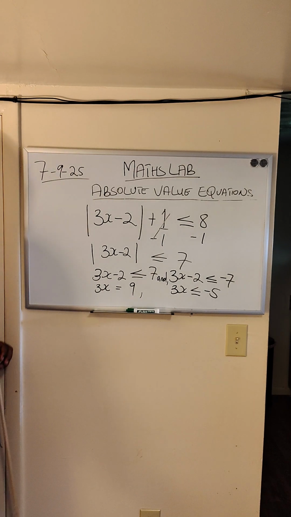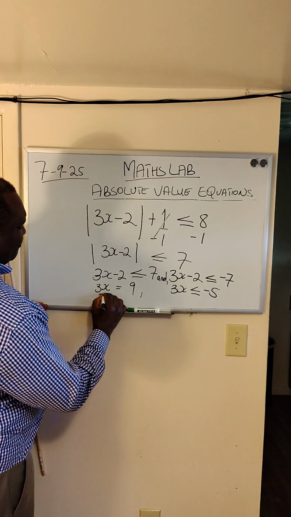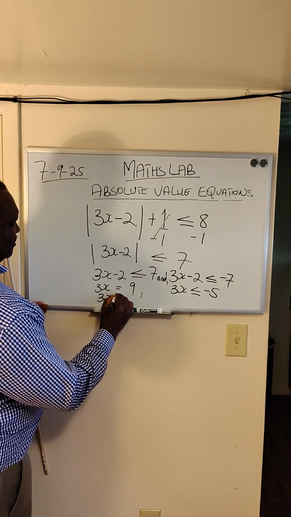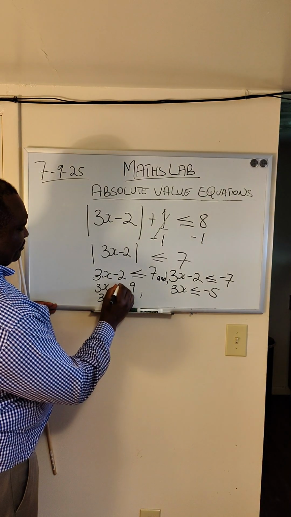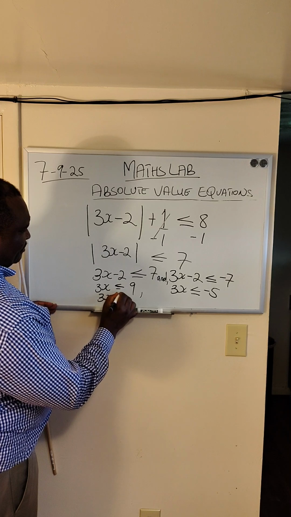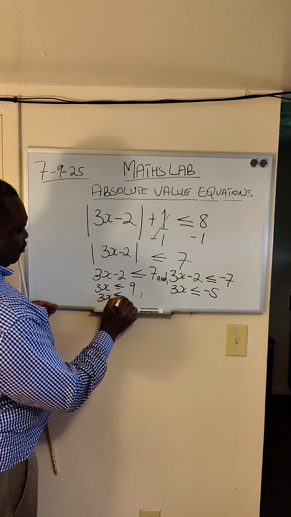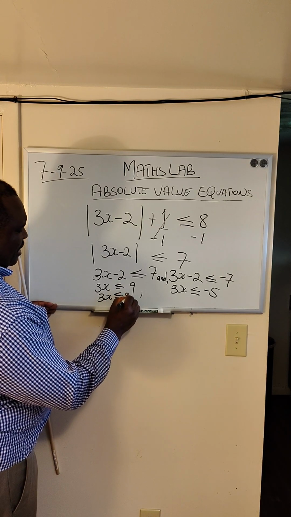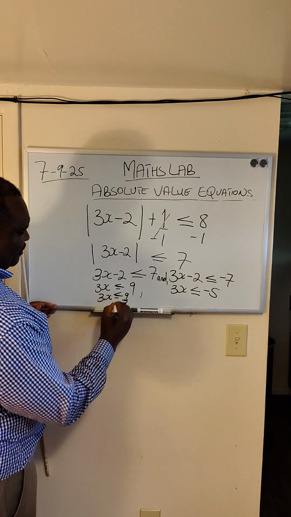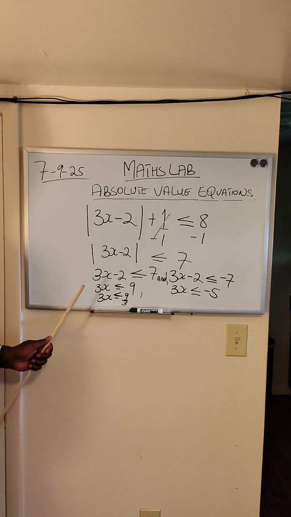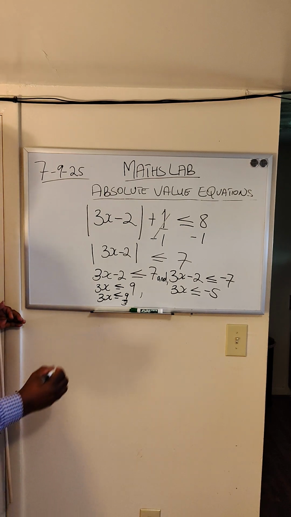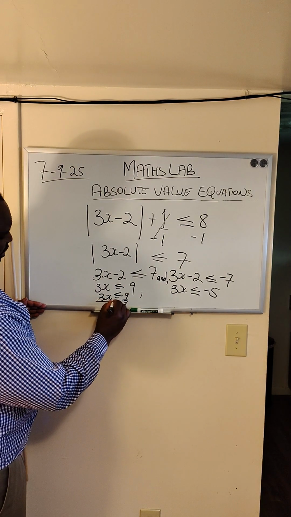So this is how we're going to write it. 3x is less than or equal to 9, but then you divide by 3, because now we have to take care of x.